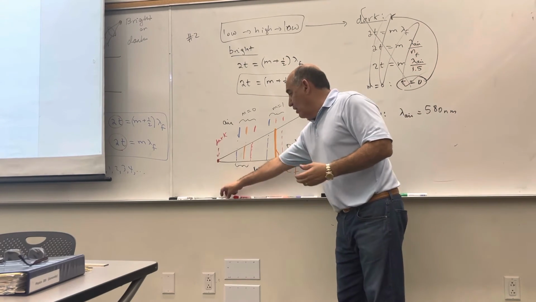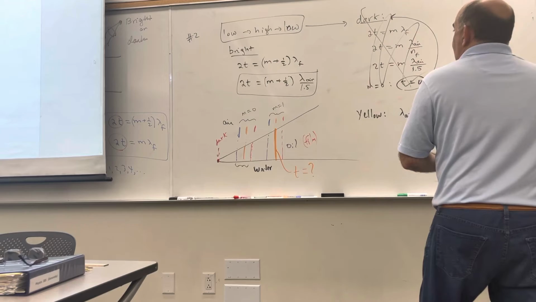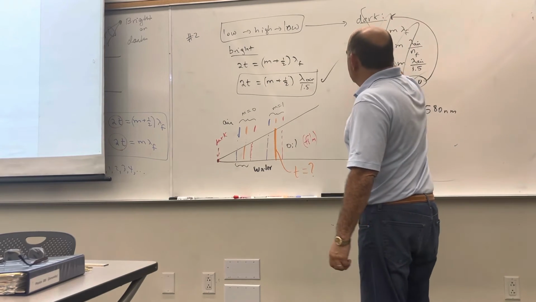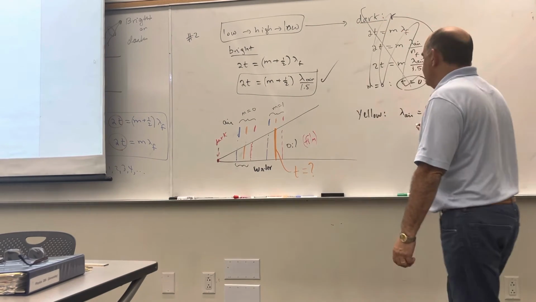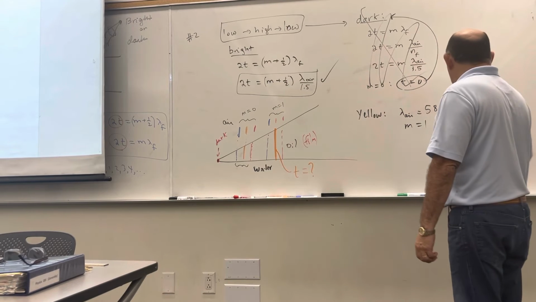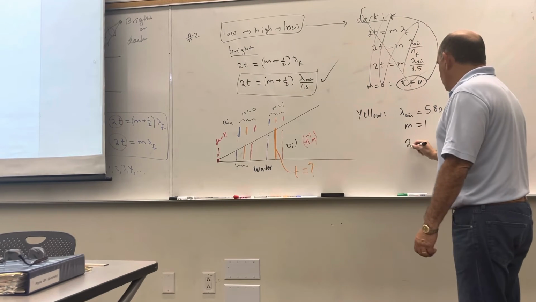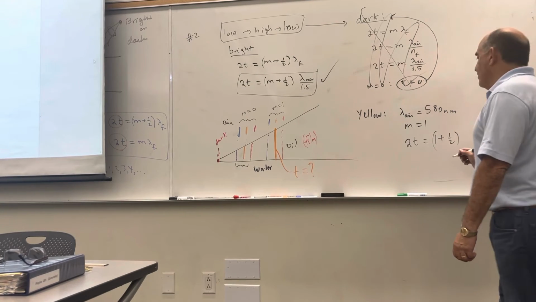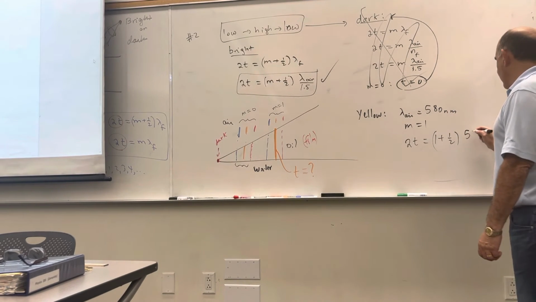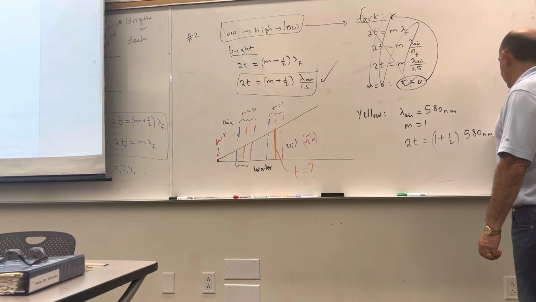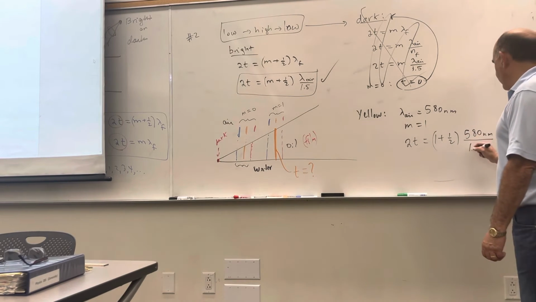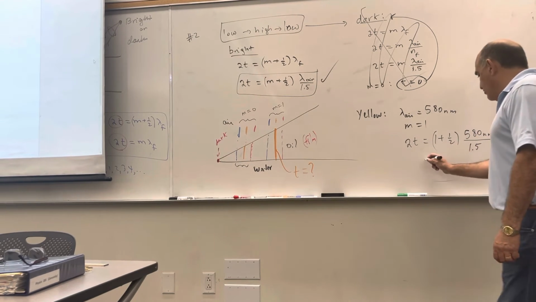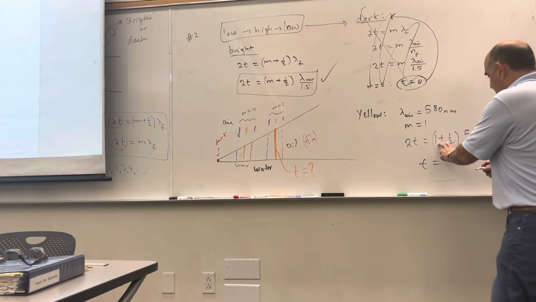Well, it's going to be bright with m equals 1 when the wavelength of the light in air is 580 nanometers. So all I do is I use the formula for bright, which is this one, with m equals 1. So I have 2t equals 1 plus a half, and the wavelength of the light in air is 580 nanometers. I don't even have to convert to meters, and then divided by 1.5. So the thickness will be 1 plus a half.